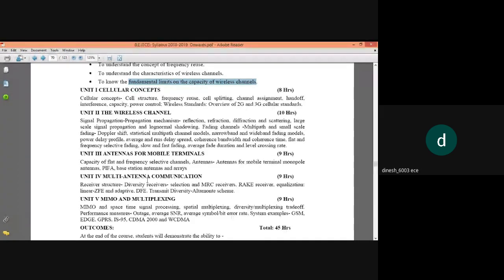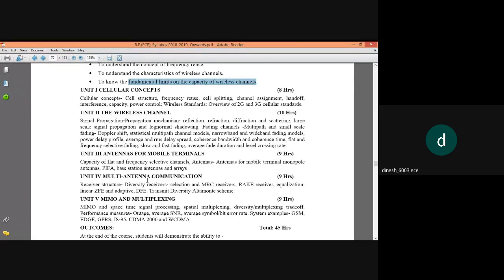In this unit, we will be discussing the wireless standards: first generation, second generation, 2.5 generation, third generation, fourth generation, and in the upcoming standards, we have 5G and 6G, still under research.